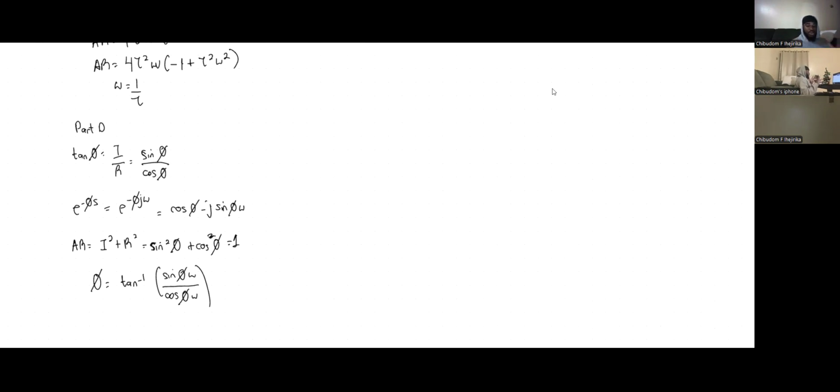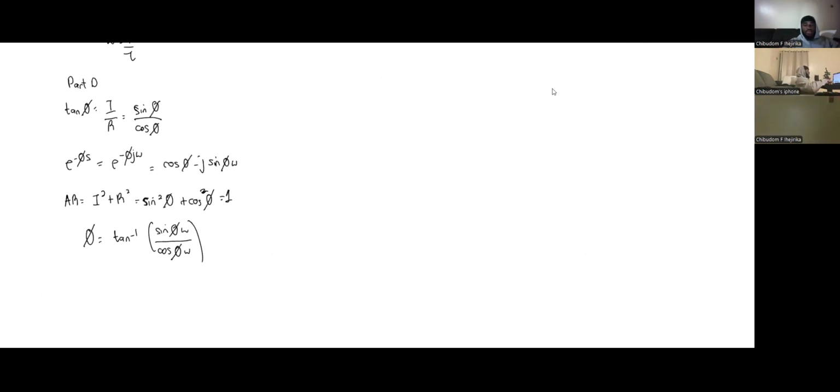For this, the tangent is going to be sine divided by cosine. That's how the tangent works. So when we're finding the phase lag itself with the W, that's what gives it those disruptions. That's what makes it unstable. So it gives it that time delay rating.